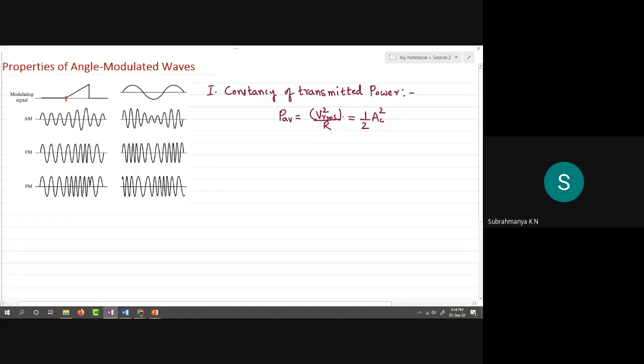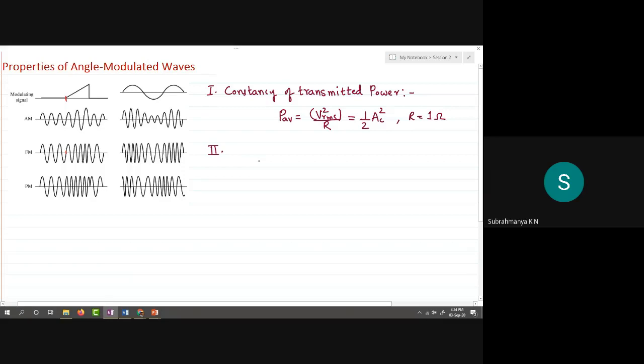I take the peak of the voltage as Ac, and Ac by root 2 whole square is half Ac square. So this is the power consumption for a 1 ohm resistor. Okay, so there is a constancy of transmitted power in case of angle modulated wave, right? That's an immediate property that can be derived out of that.